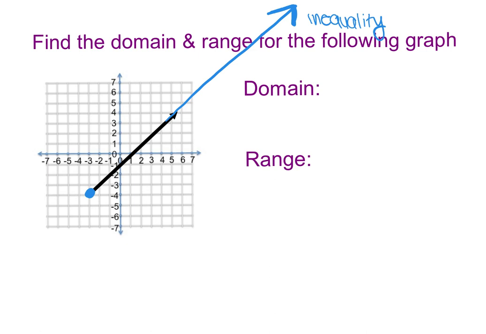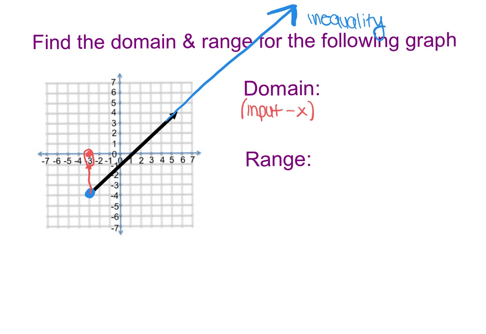You just have to think about it a little bit more deeply. So remember that your domain represents all of the input values or all of the x values that you need to make points on your graph. So when I look at this graph, what I notice is that this endpoint pairs up with the point x equals -3.